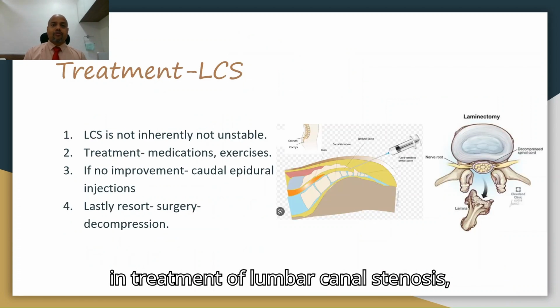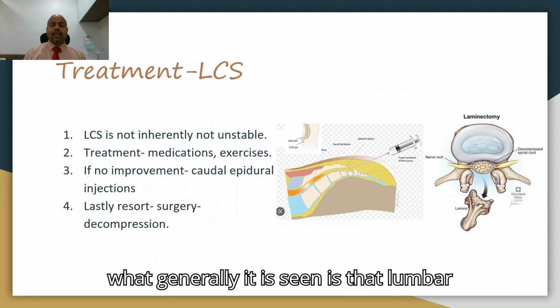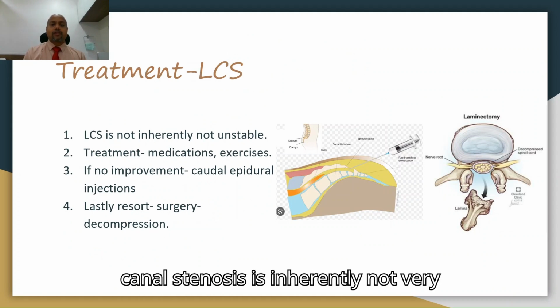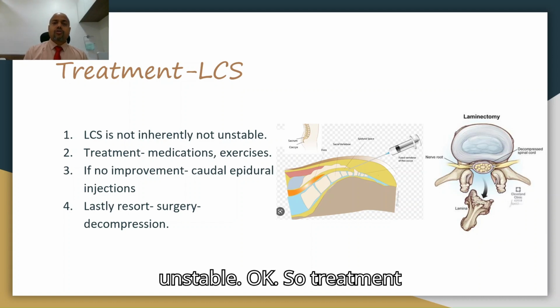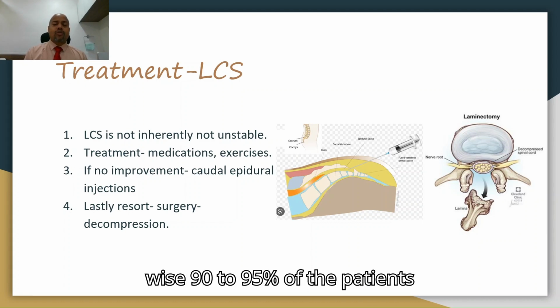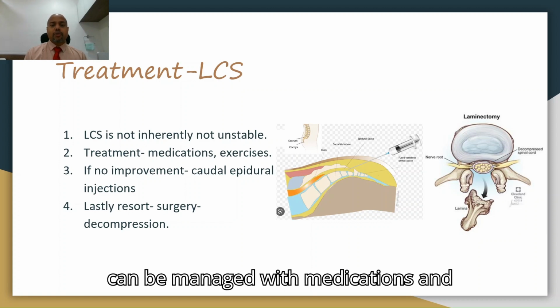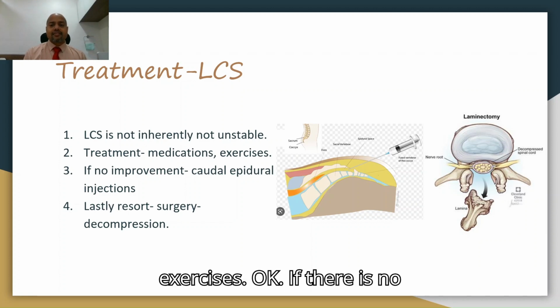Now, in treatment of lumbar canal stenosis, what generally is seen is that lumbar canal stenosis is inherently not very unstable. Okay, so treatment wise, 90 to 95% of the patients can be managed with medications and exercises.